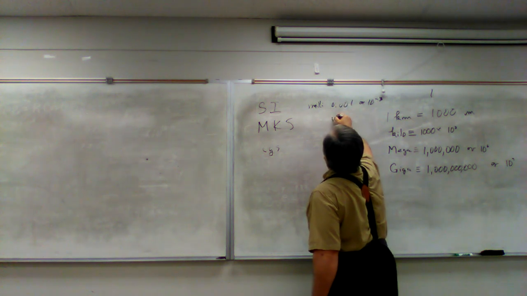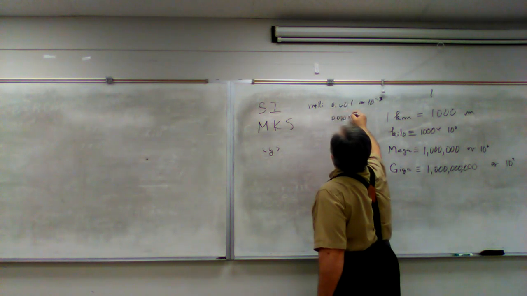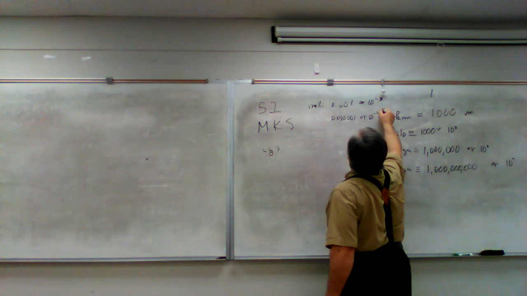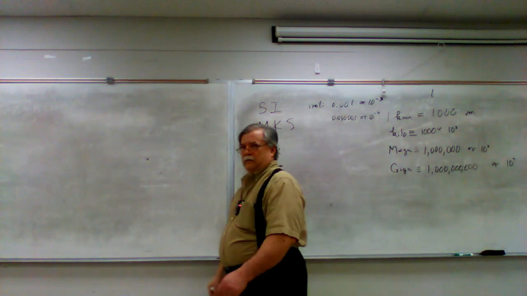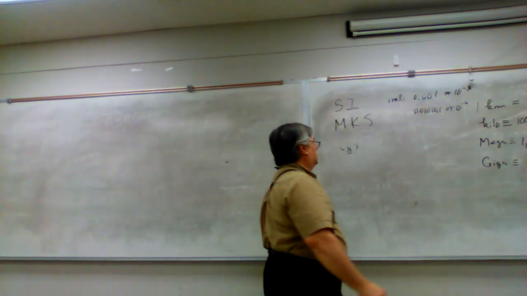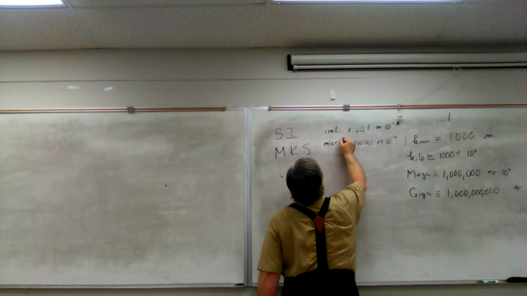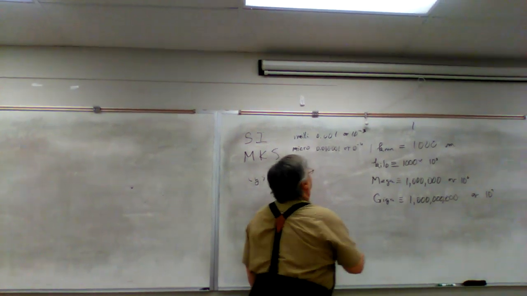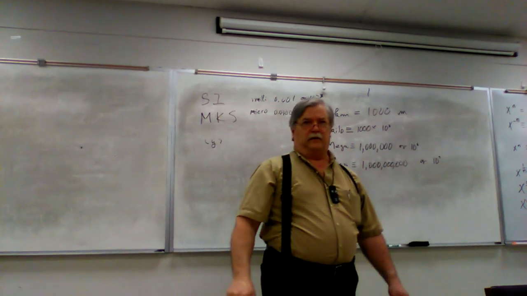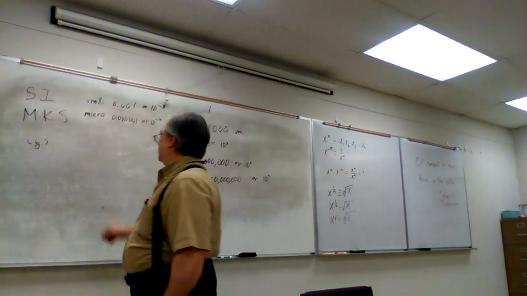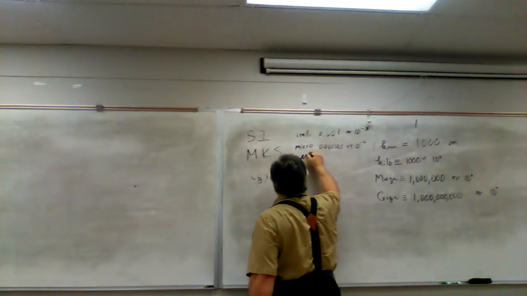What would come next at 0.001? What do we call 0.000001, or 10 to the minus 6? Micro, or 1 millionth. We use the lowercase Greek letter mu to signify micro.